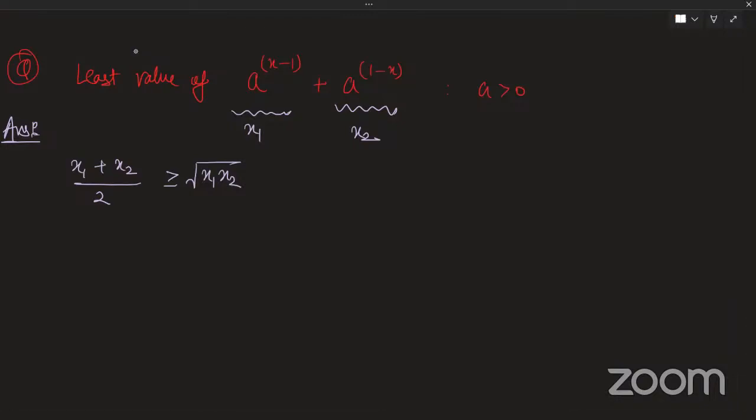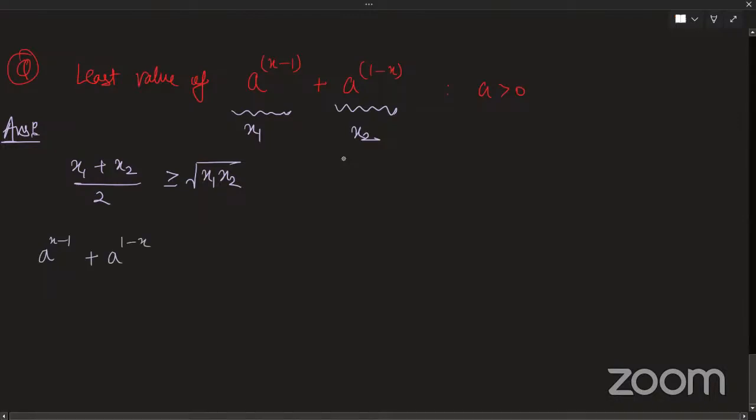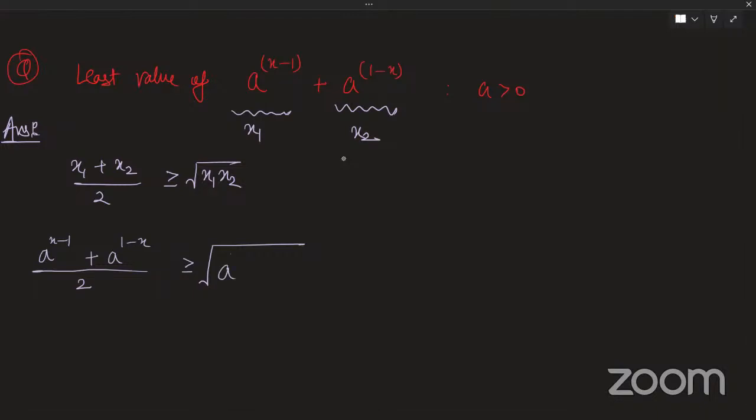So just substituting back, a raised to x minus 1 plus a raised to 1 minus x, whole divided by 2, is greater than or equal to square root of a raised to x minus 1 into a raised to 1 minus x.